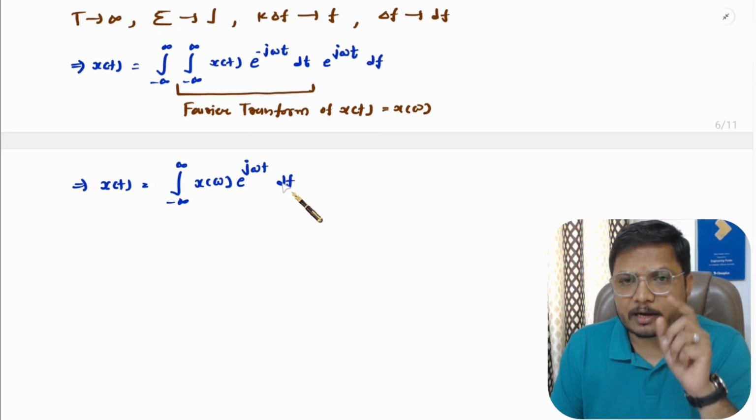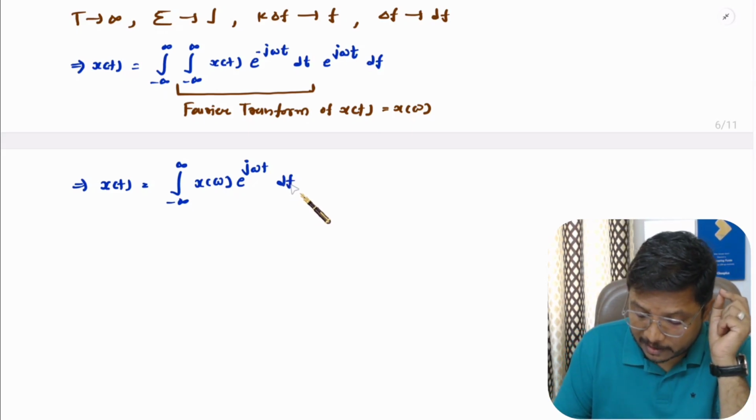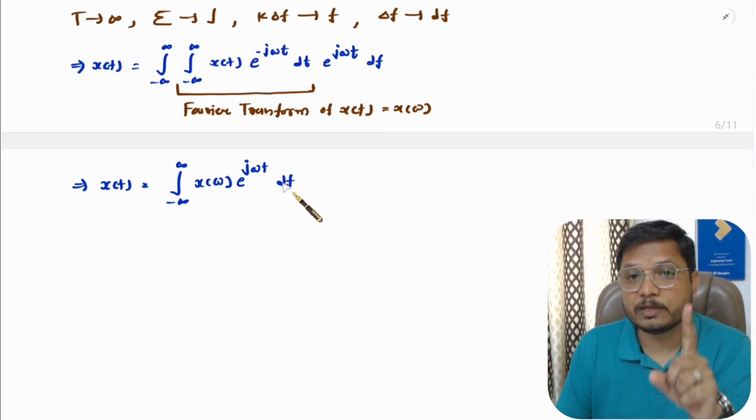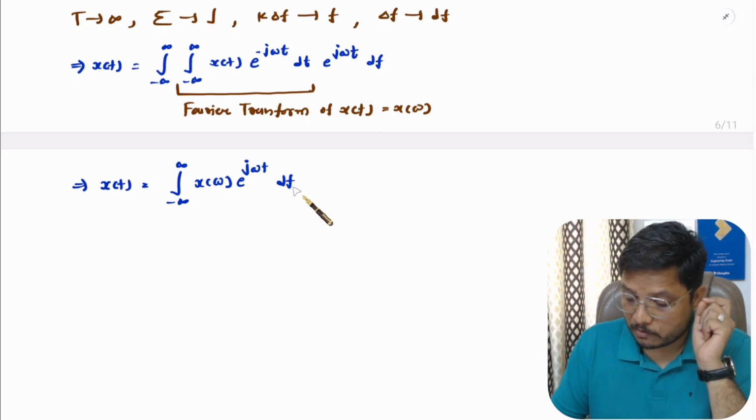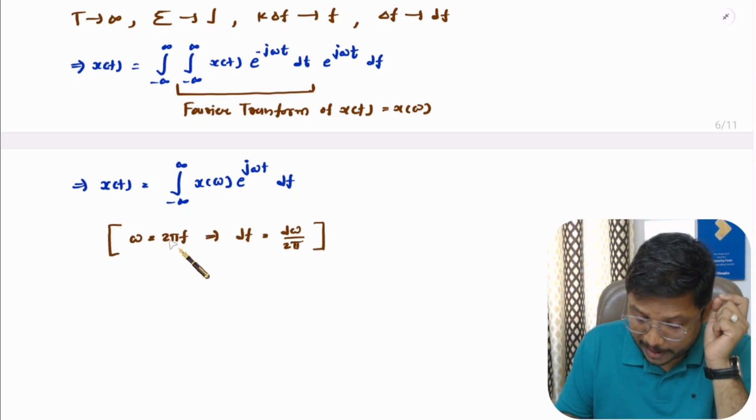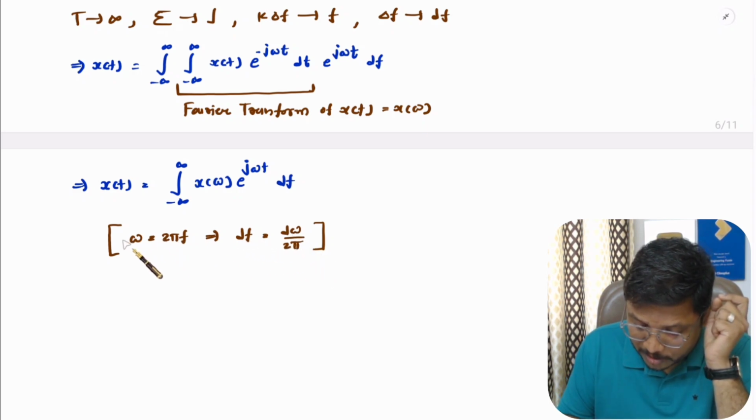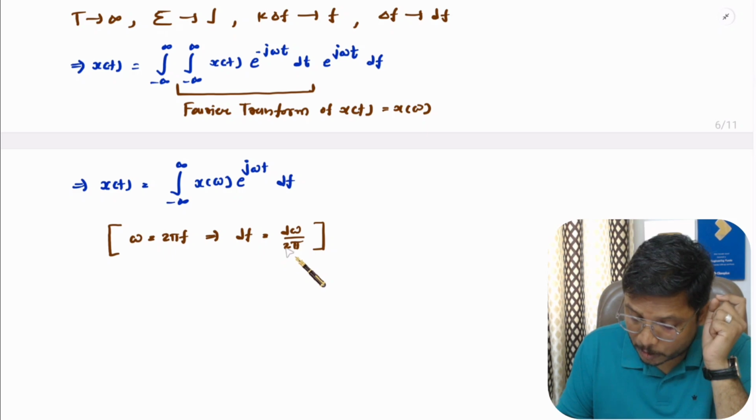In the inverse Fourier transform equation, we can replace this integration of df with d omega. One should know omega is 2 pi f. So if you have differential term, then if you take the differential of this, d omega is equal to 2 pi df. So one can say df is equal to d omega by 2 pi.